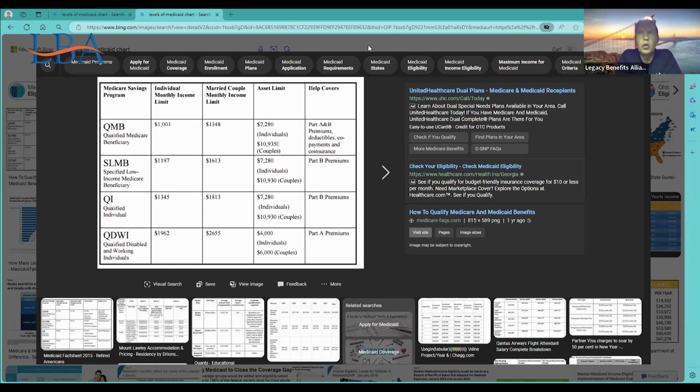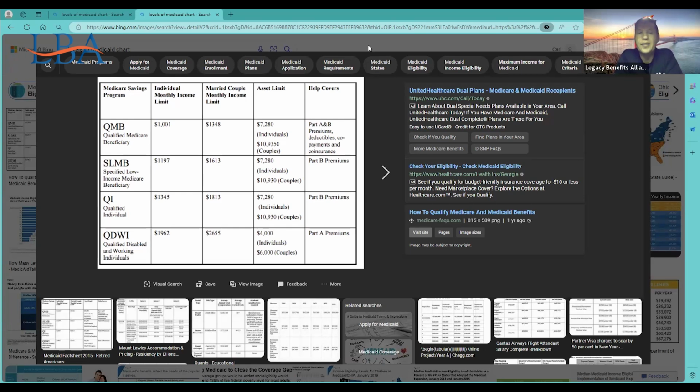QI1 normally, when they're doing their checks, will do a 3-month look back as well, into their bank. So Medicaid will look into their bank and find out what's going on with them. So that's QI1. So what should you take from what I just said? QI1 is a partial Medicaid.